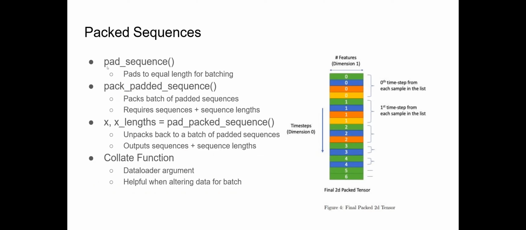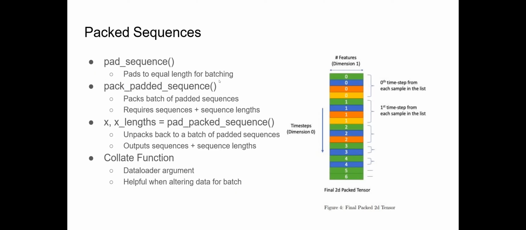Okay, there's a question: do we pad each batch first and then use packing, or do we just do packing? We do pad first. You can see the function over here, right?